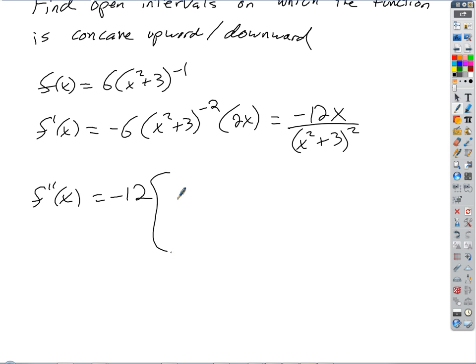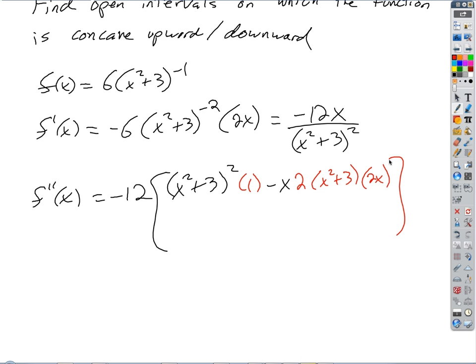The bottom, x squared plus 3, times x prime, which is what? 1. 1 minus x times the derivative of that, 2x. x squared plus 3 times 2x, divided by the bottom squared, so to the fourth. Okay.